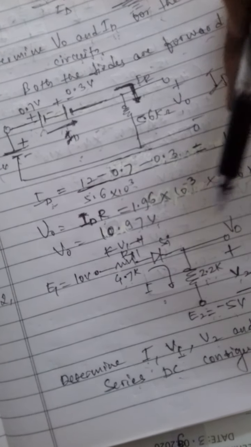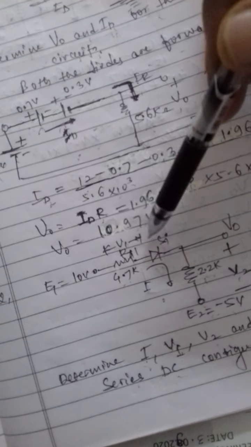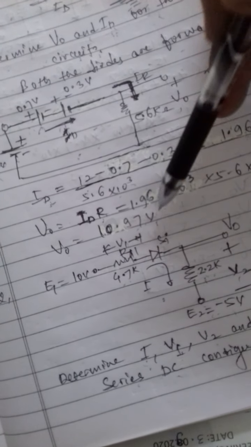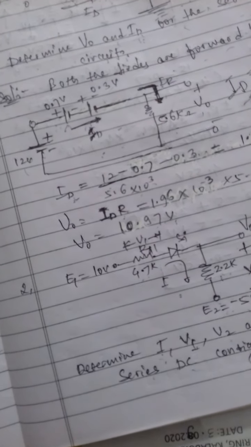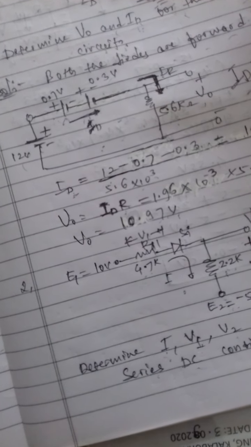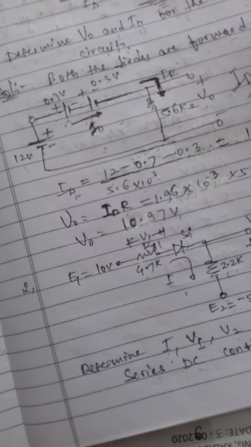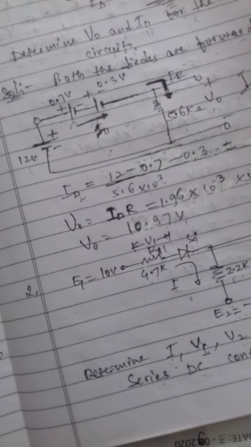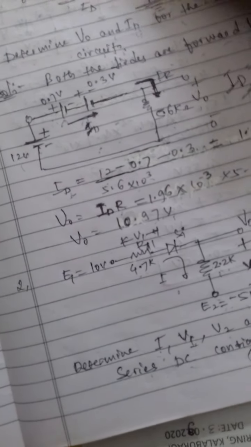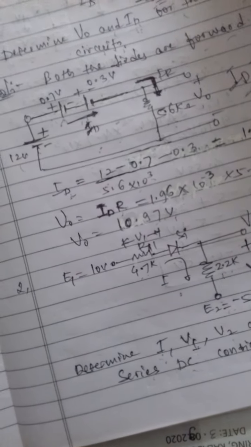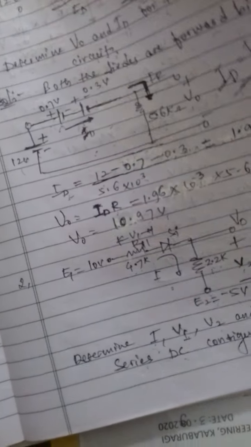If it is not mentioned, it is an ideal diode, and when on, it is replaced by a short circuit. When it is particularly mentioned whether it is a germanium or a silicon diode, you have to consider the cut-in voltage of the diode under forward bias conditions.